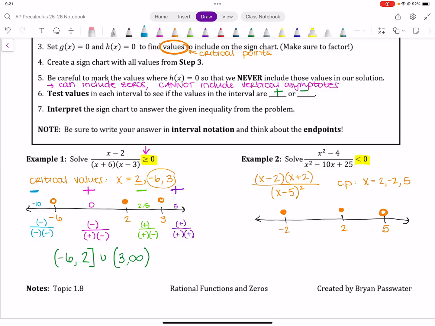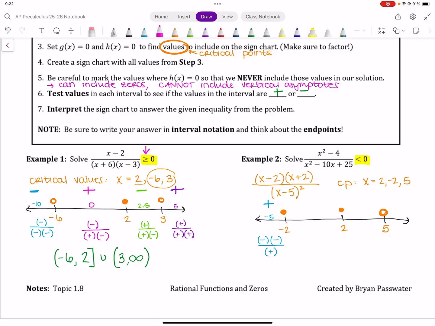So starting on the left, we could test like -5, for example. So -5 minus 2 will be a negative. -5 plus 2, still negative. -5 minus 5 will be a negative, but because that's squared, it'll end up being a positive. So because we have two negatives, that interval will end up being positive.